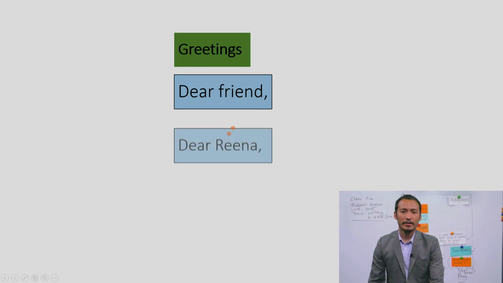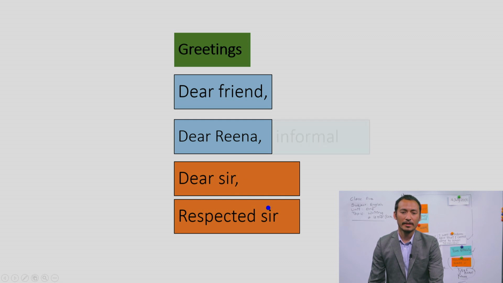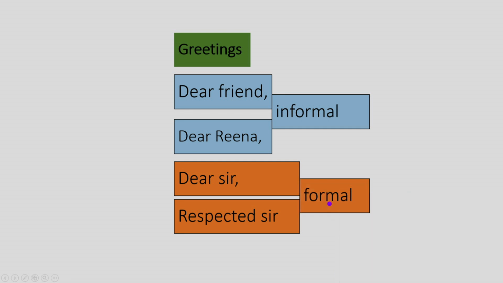Next, greeting. How do you greet? You greet like dear friend if you are writing informal letters, and you can write Rina as well. You can write dear sir for a formal letter, or respected sir, and you have a comma after these. These are informal letters and these two are for formal letters. You can greet like this.